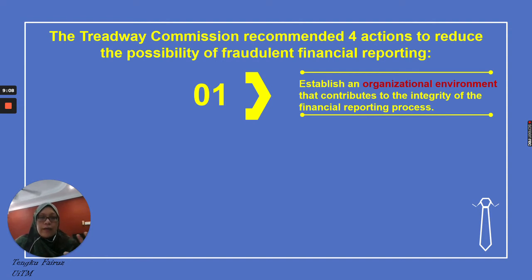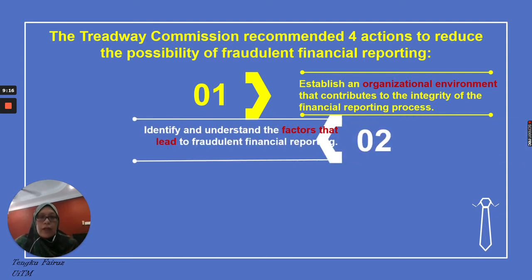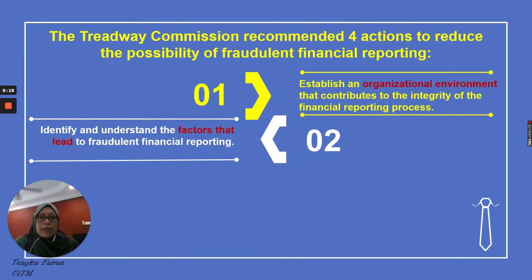So dia akan give the better framework of the whole company lah, contribute to the integrity as a whole. And then the second one, identify and understand the factors that lead to this fraudulent financial reporting. So dia kena faham kenapa ada berlakunya fraudulent financial reporting, factors that lead to this fraud.